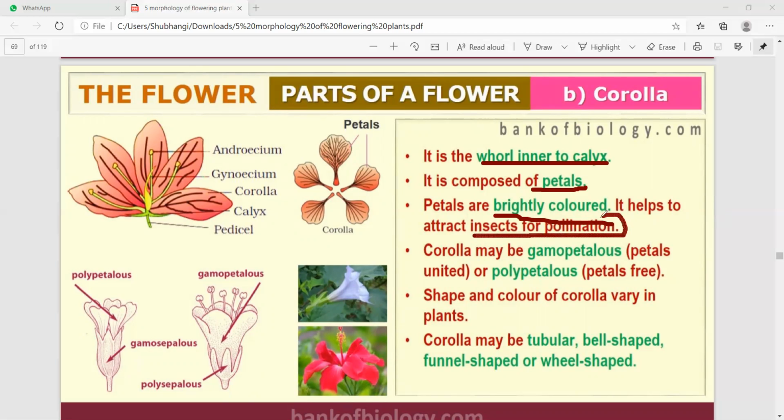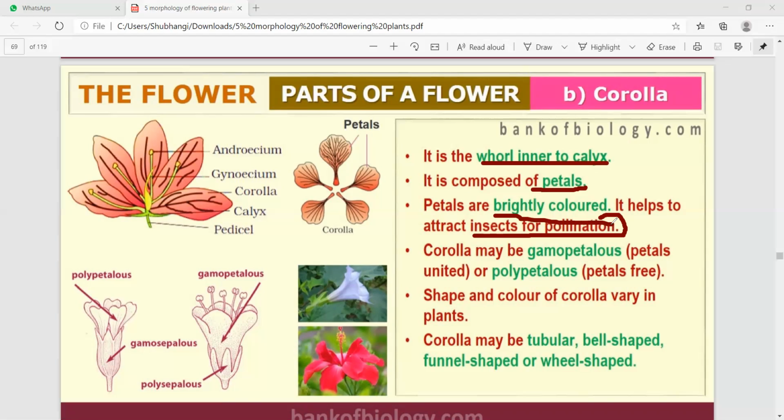It has to do a lot of decoration so that it can attract insects for pollination. Otherwise, neither insects nor birds will turn up to them. So to attract insects for pollination and allow the plant to carry out sexual reproduction, pollination is very important. And for pollination, pollen grain has to go from one part of the flower, that is the anther, to the stigma. So who is going to help it? This corolla is going to help by attracting the insects and birds for the pollination.